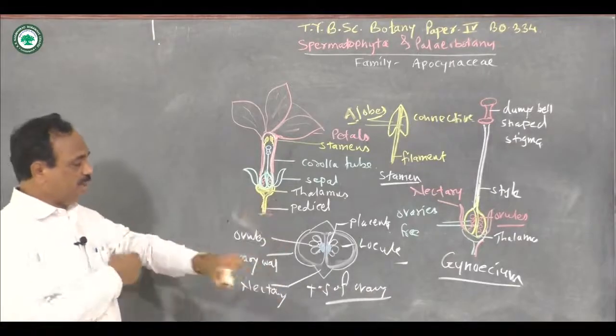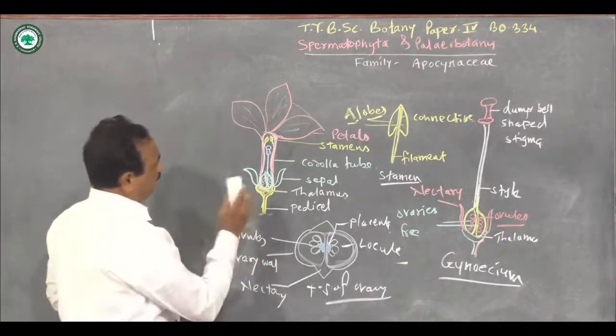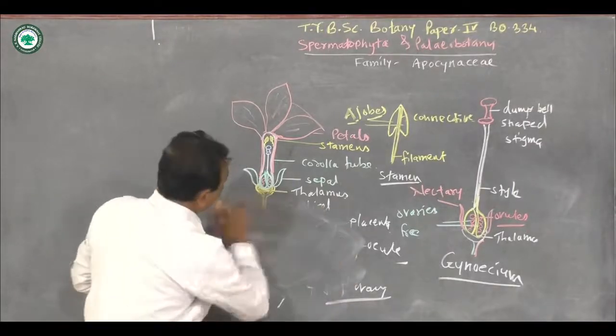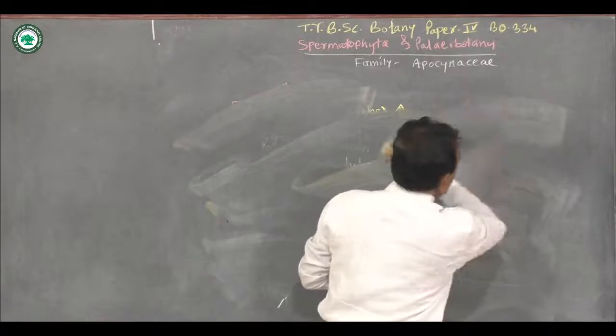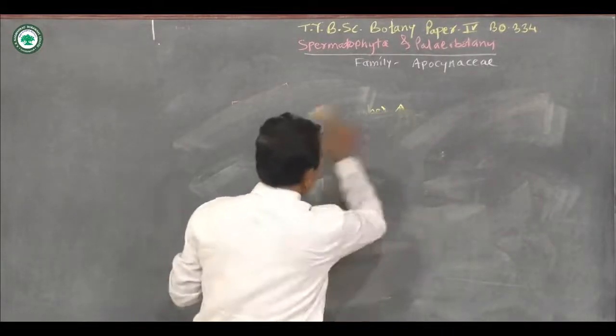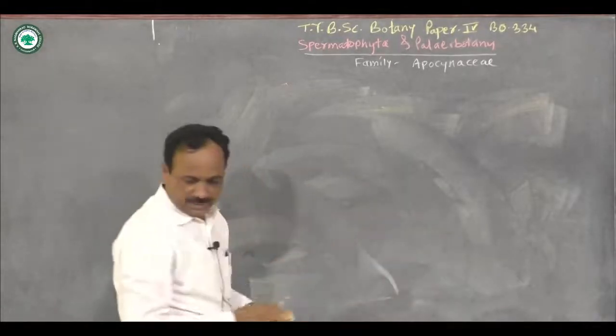So see, these are the floral structures of the family Apocynaceae. Now let us see about the floral diagram and floral formula of the family.